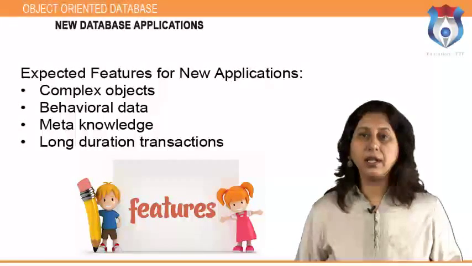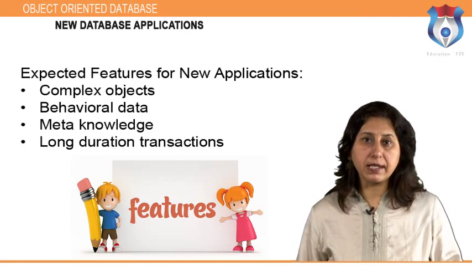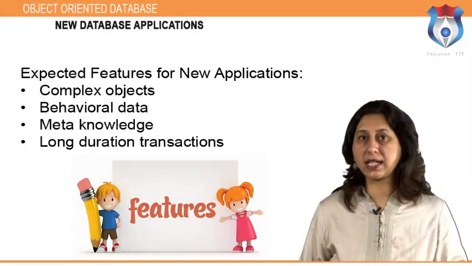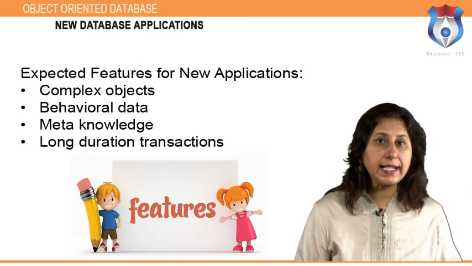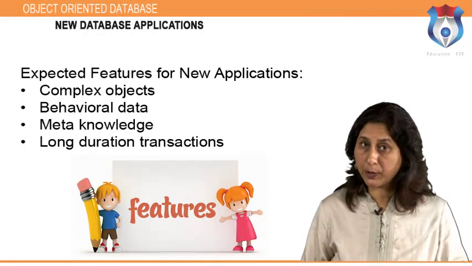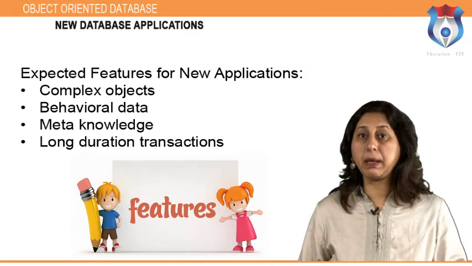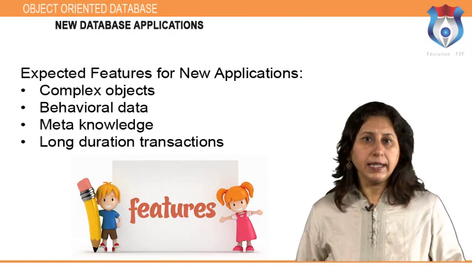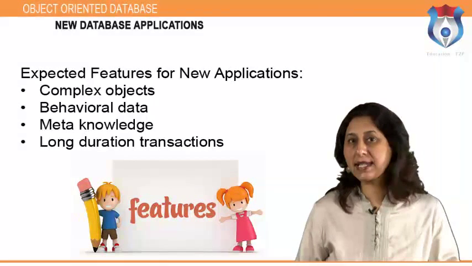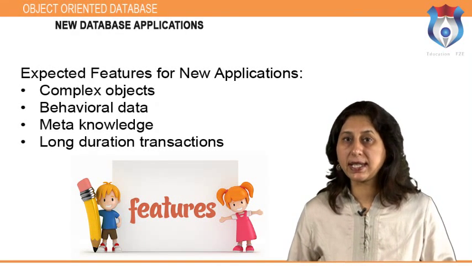For example, the deletion of certain tuples may require deleting other tuples in the case of weak entities. In CAD and CASE applications, the behavior of different objects in response to a given command may be widely different. This behavioral information can be captured by storing executable code with objects in the database.